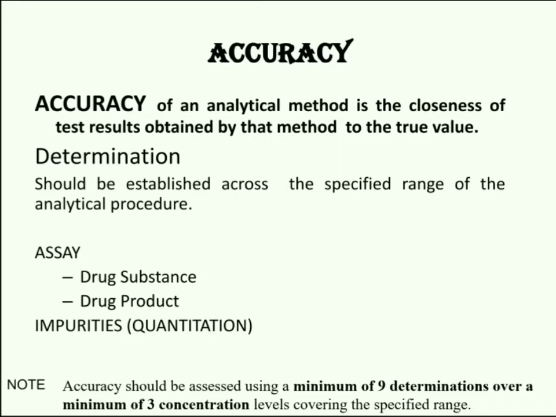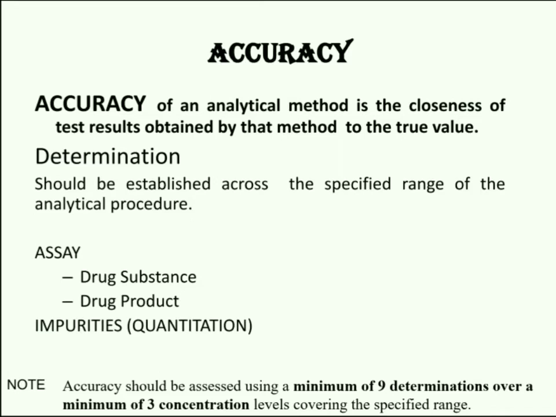Next characteristic is accuracy. As the name suggests, accuracy is the degree of agreement of test results with the true value, or the closeness of the results obtained by the procedure to the true value. Accuracy should be established across the specified range of any intended analytical procedure.